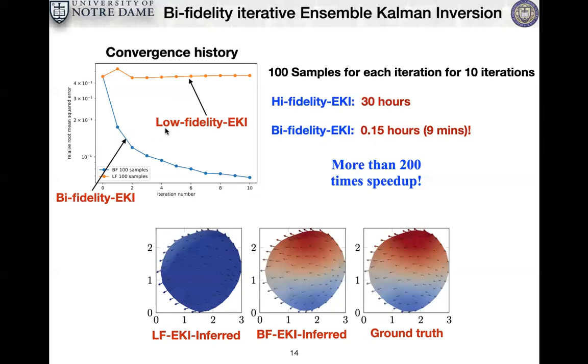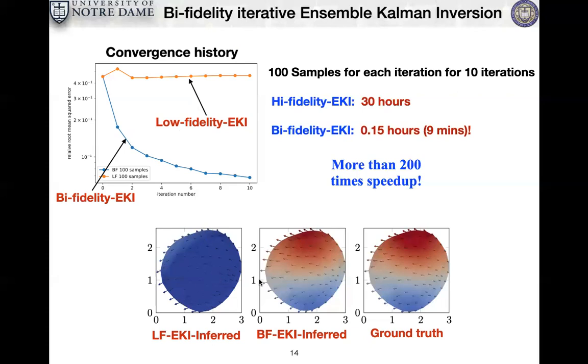But if you use the low fidelity EKI, although you get a very cheap and quick update, it is not reducing the error as a function of the iteration. So the low fidelity EKI gives a very wrong prediction of the inlet profile.